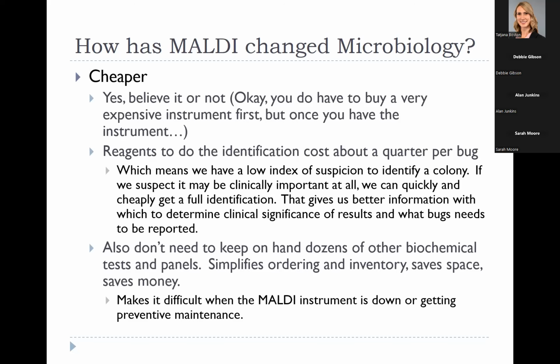Let's look at this one here. Single blood culture positive for one of these bugs right here. Those of you in infection prevention, you look at this and say, okay, is this going to count as a CLABSI or not if you've got one of these? If you have a laboratory that does not have MALDI, then this is how they're probably going to be identified: Corynebacterium species, viridans strep, or Bacillus.